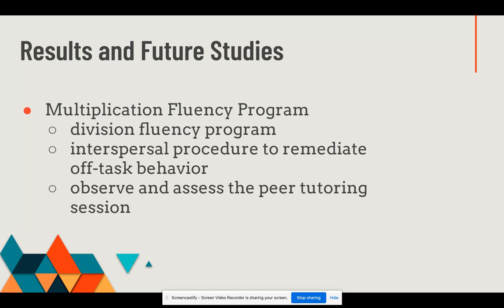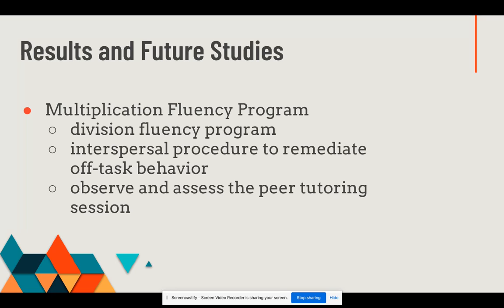If there's no ascending trend on the graph, one possible reason is that his off-task behavior influenced his performance during the assessment time. So we can use the interspersal procedure to remediate the influence of off-task behavior. We can intersperse easier multiplication facts in his assessment sheet. For example, we can add one multiplication fact with numbers 0 to 5 after every 3 multiplication facts with numbers 6 to 9.